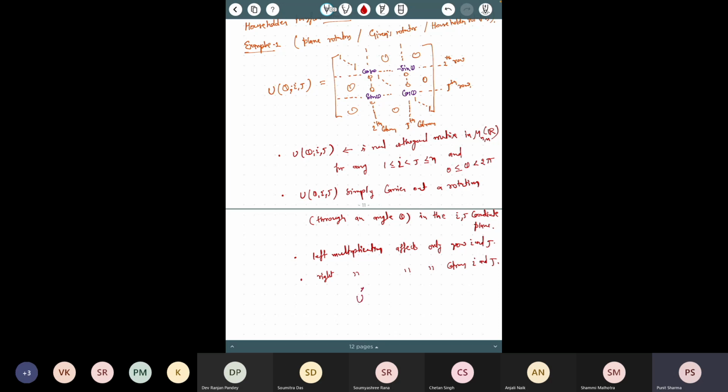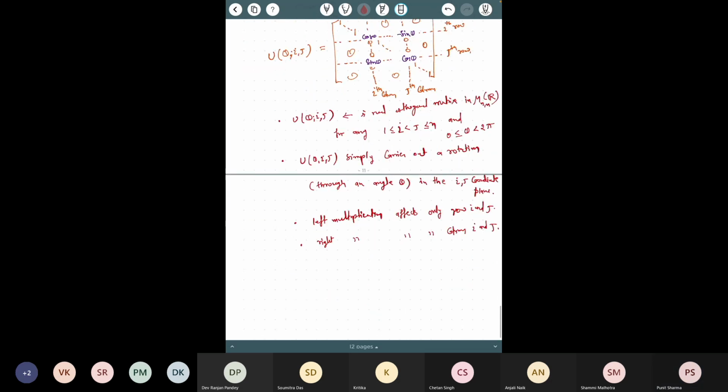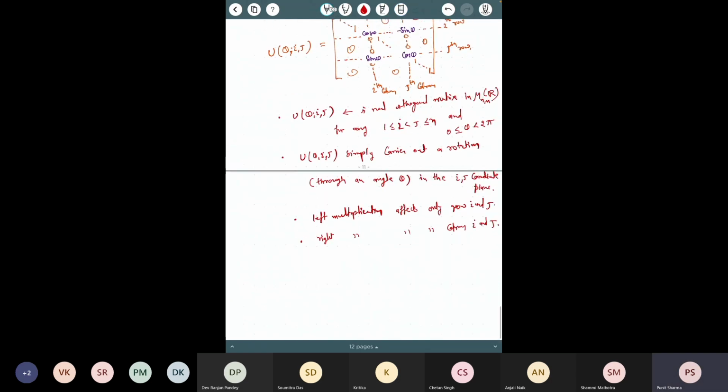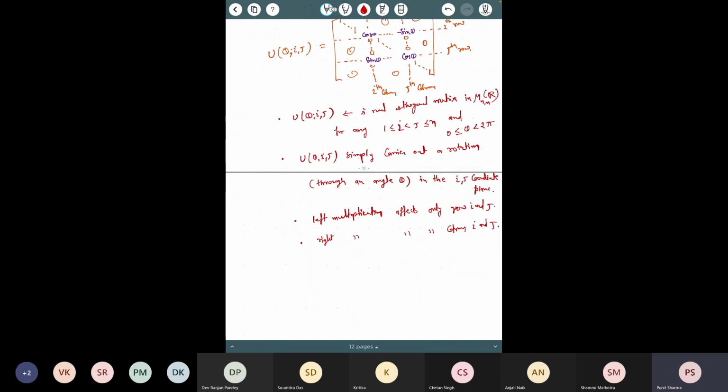When you do u star a u, the left multiplication would change only two rows of a, and the right multiplication of u would change only two columns, the ith and jth columns, and the other entries of a would remain the same. Okay, so this matrix is called plane rotators or Givens rotator. I'll show you why these matrices are useful and they are of particular importance for us.